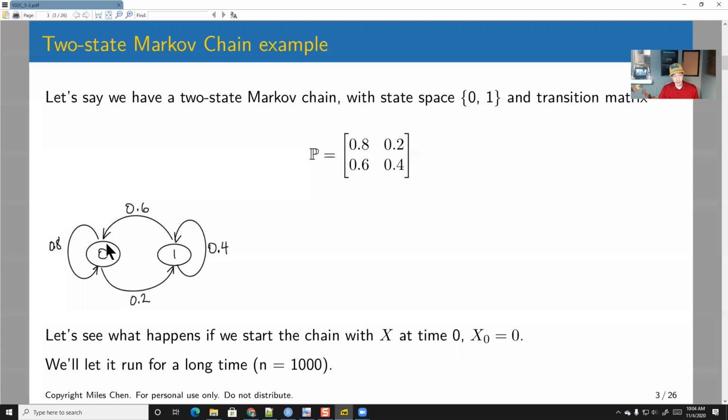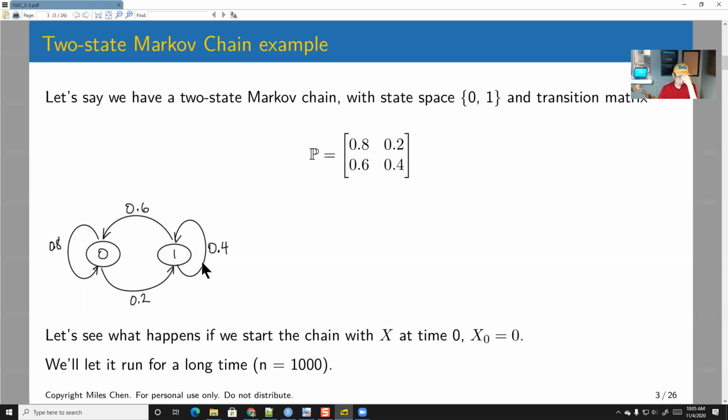If it's at 0, it can go back to 0, and that happens 80% of the time. And 20% of the time, it will transition from state 0 to state 1. And then if it's at state 1, it will switch back to 0 60% of the time, and it will stay at state 1 40% of the time.